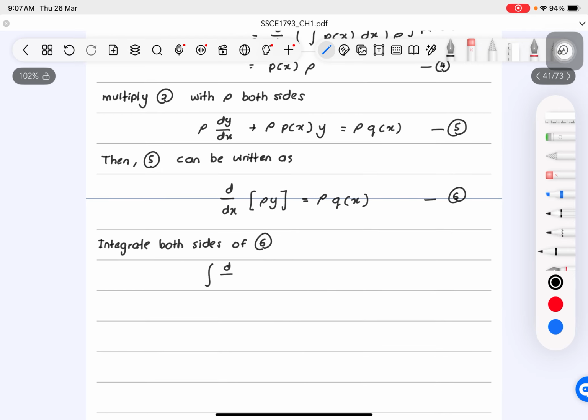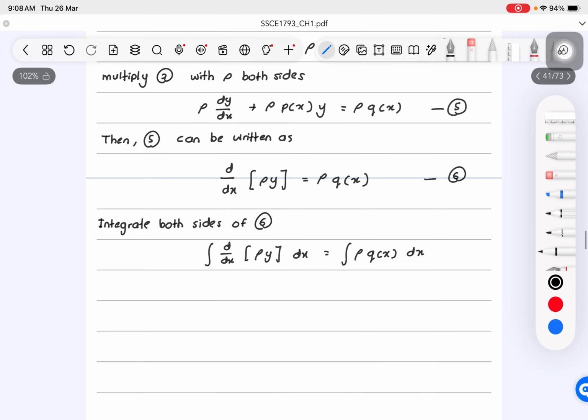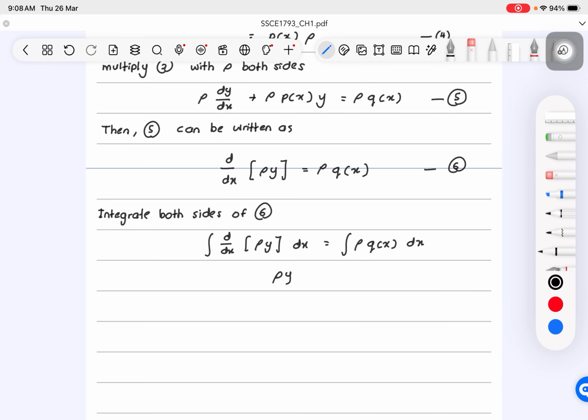So we integrate d dx of rho y dx equals the integral of rho q(x) dx. So now we will have rho y is equal to the integral of rho q(x) dx plus c, and you get your general solution as y is equal to 1 over rho, and then the integral of rho q(x) dx plus c.